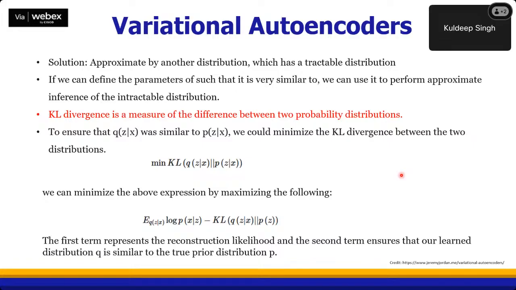Since this is an intractable distribution, we will take help of another distribution which is tractable in nature. So we can define the parameters such that they are very similar, so that we can use them to perform approximate inference of this intractable distribution.